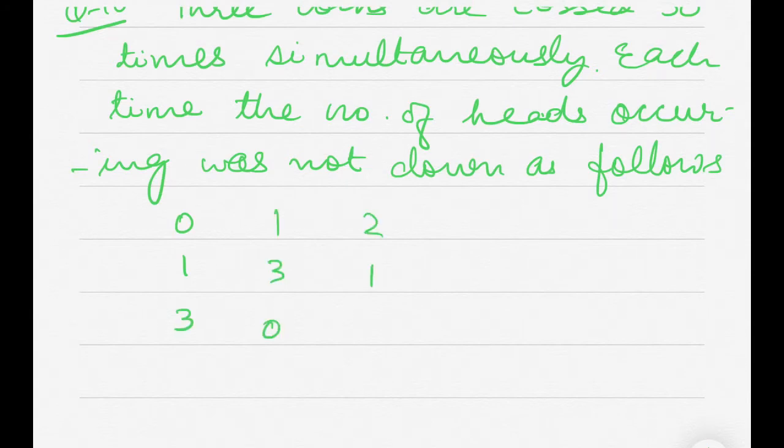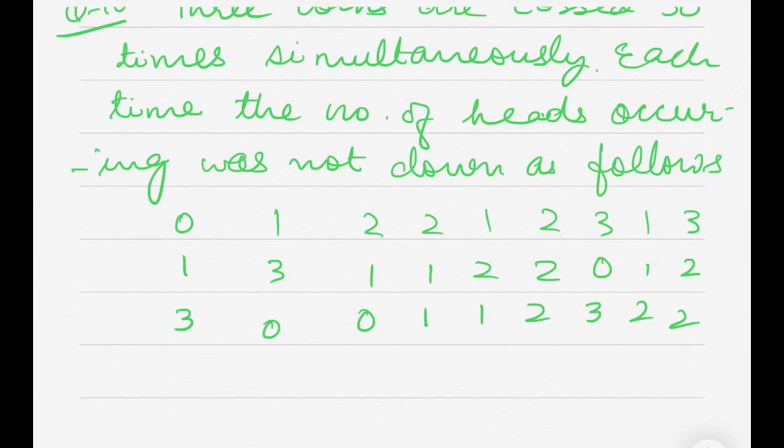So these were 0, 1, 3, 1, 3, 0, 2, 1, 0, then 2, 1, 1, 1, 2, 1, then 2, 2, 2, 3, 0, 3, 1, 1, 2, and 3, 2, 2, and 0, 1, 0.